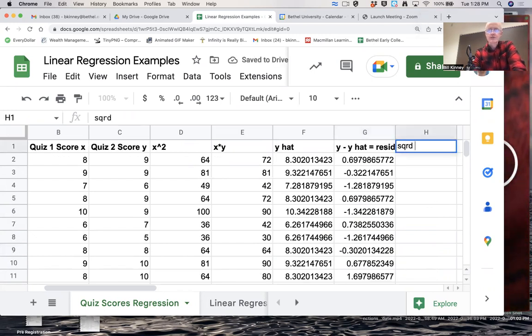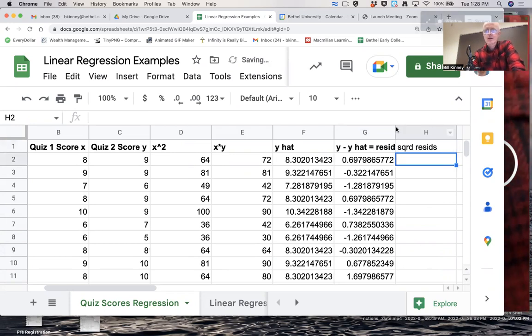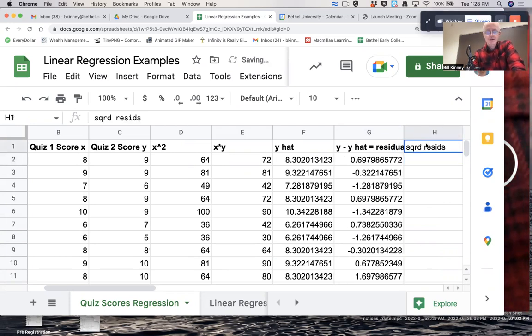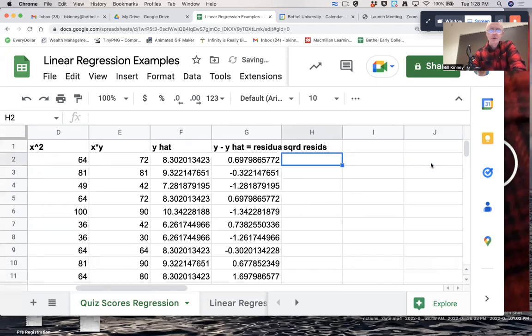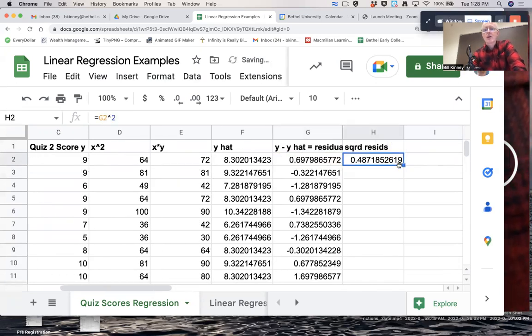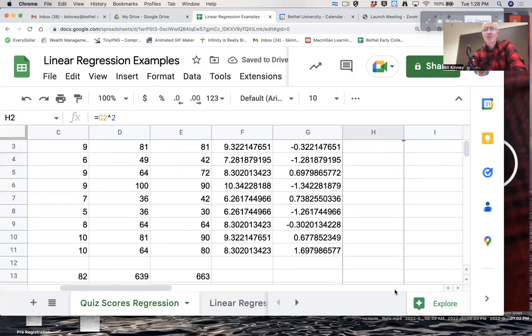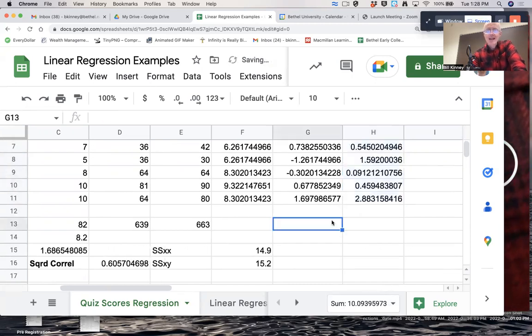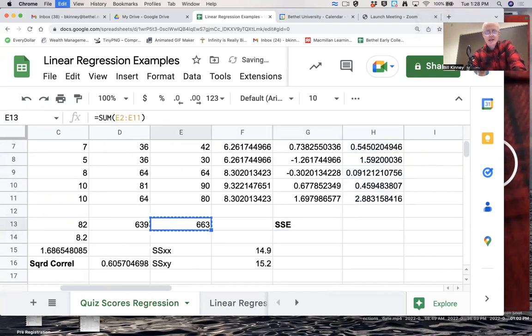Squared residuals. And why am I doing this? Why am I squaring these things? Because when I square them and add them up, I get our old friend SSE. That's why. Sum of the squared errors.